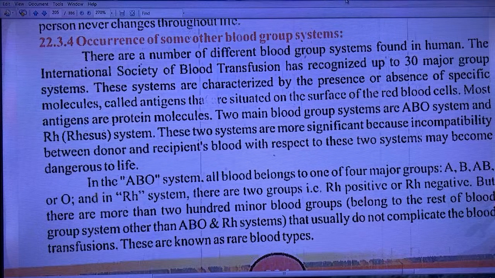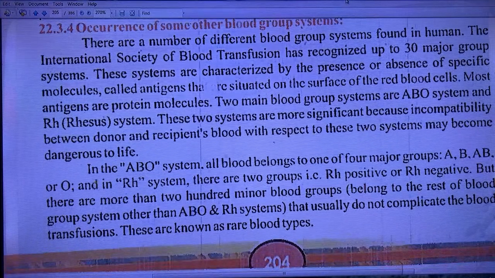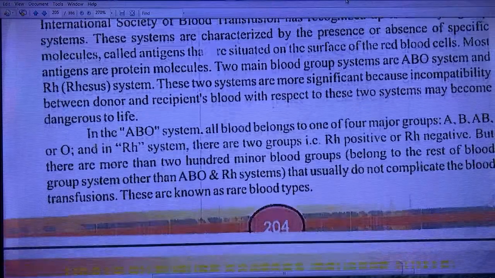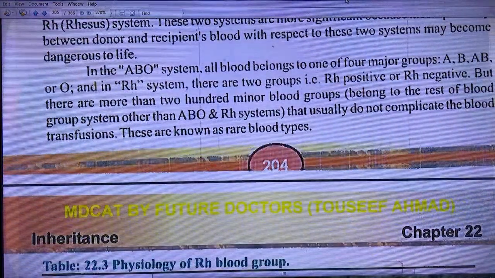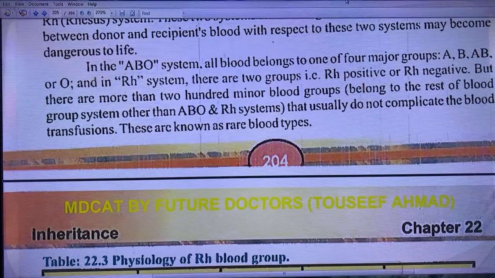These two systems are more significant because incompatibility between donor and recipient's blood with respect to these two systems may become dangerous to life. In the ABO system, all blood belongs to one of four major groups: A, B, AB, and O. In the Rh system, there are two groups, Rh positive or Rh negative.